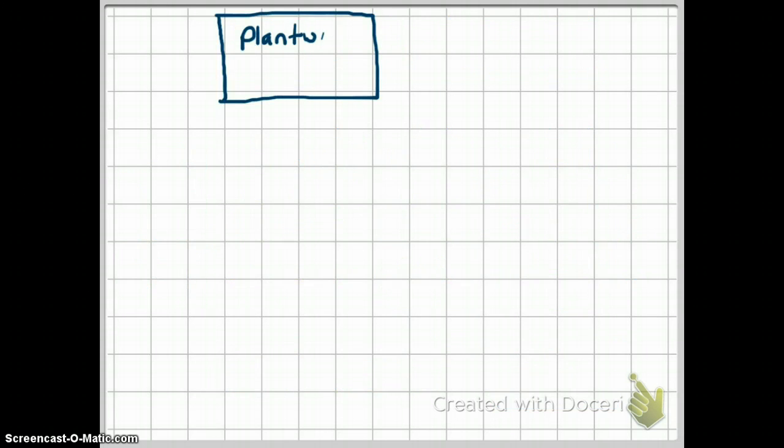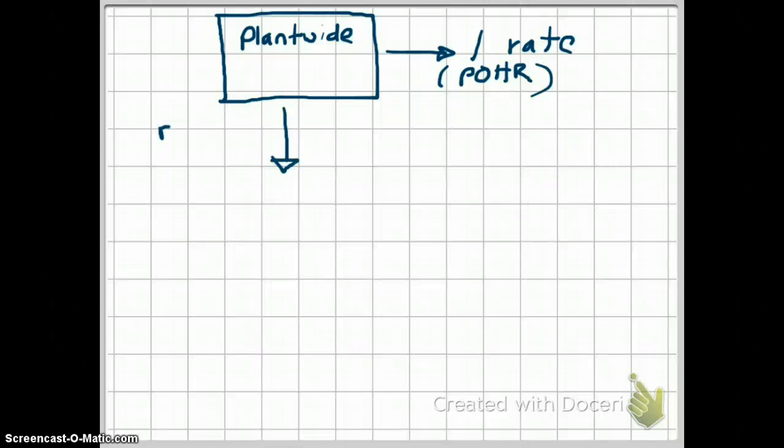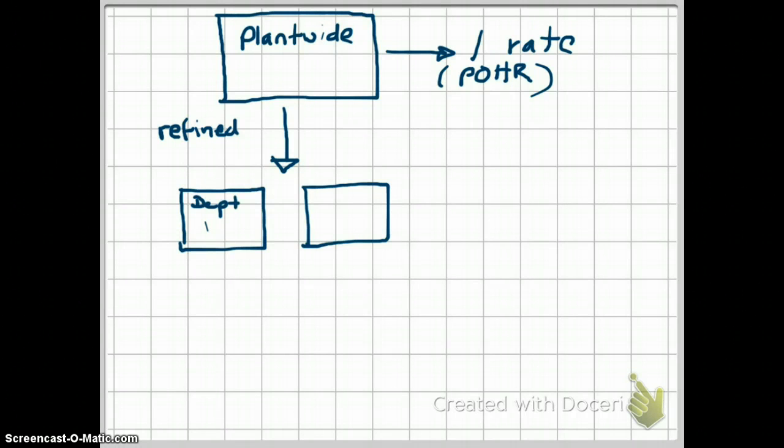To summarize, first, in Chapter 3, we looked at the plant-wide allocation rate. We calculated one rate and allocated manufacturing overhead based on an allocation base. It was a very simple system, but it wasn't great. So what we did next was we refined it and came up with departmental allocation rates.